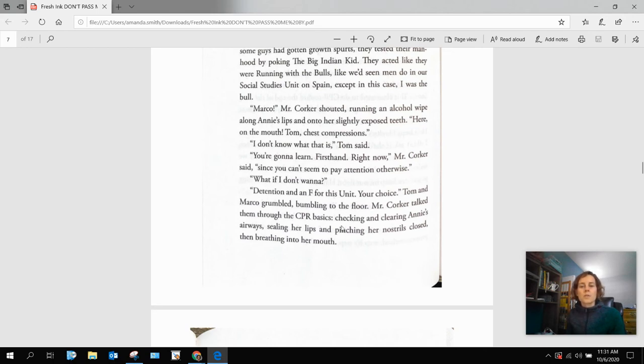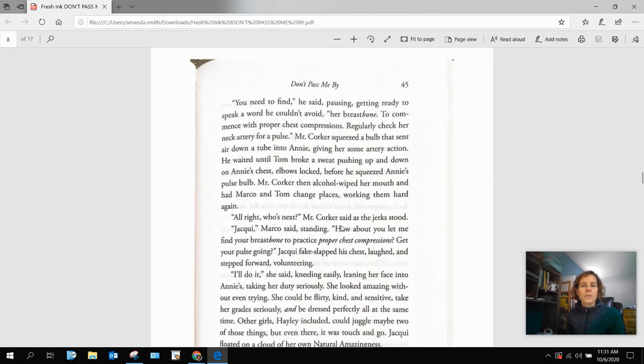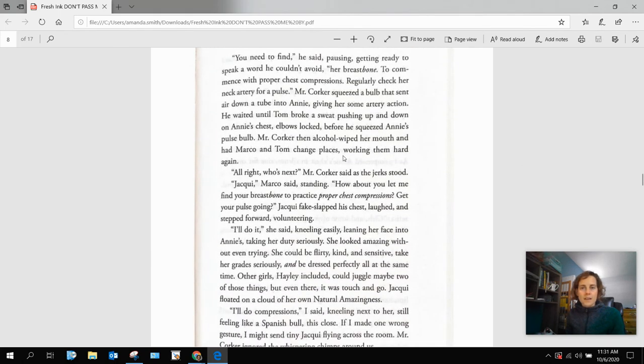Mr. Corker talked them through CPR basics, checking and clearing Annie's airways, sealing her lips and pinching her nostrils closed, then breathing into her mouth. You need to find, he said, pausing, getting ready to speak a word he couldn't avoid, her breastbone, to commence with proper chest compressions. Regularly check her neck artery for a pulse.